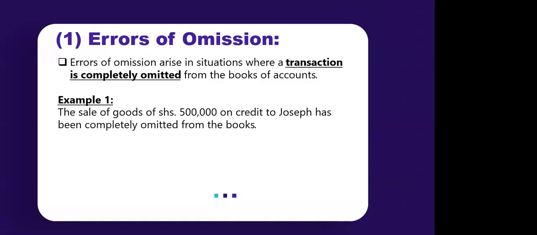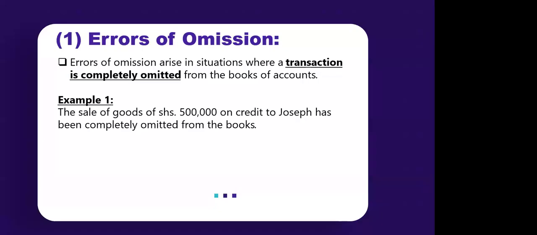It wasn't an error of omission because there was an amount that was posted in that transaction, but it was understated. Omission means you didn't put in any amount. That transaction was completely out of the journal entries.